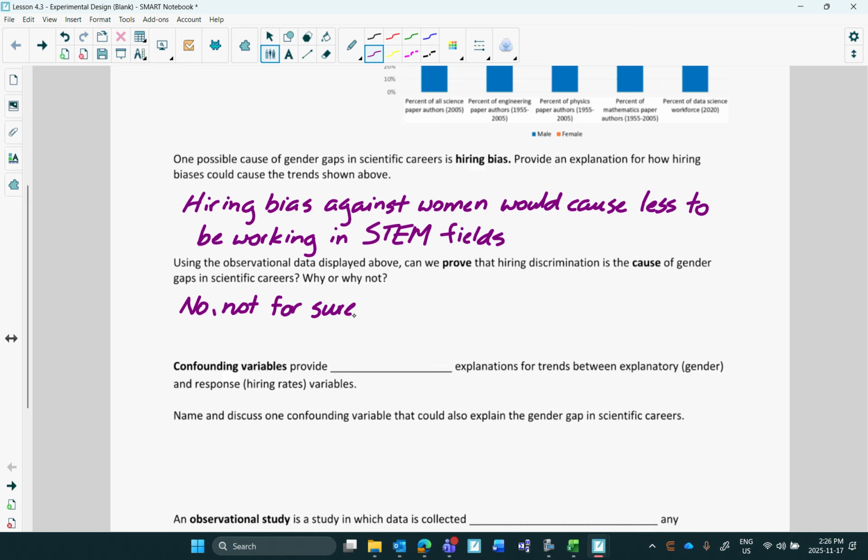Maybe, but perhaps there is something else besides hiring bias that explains the gap.